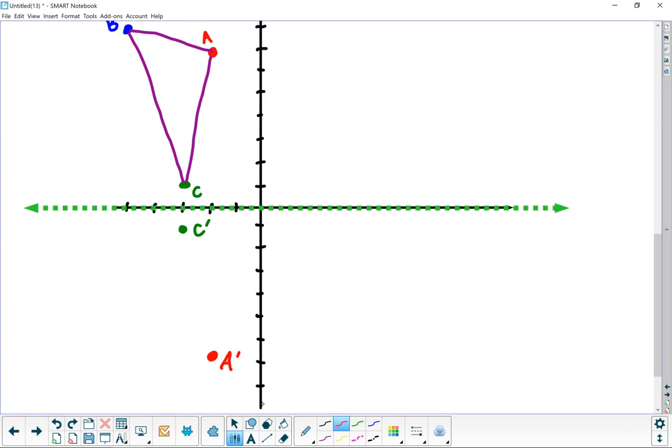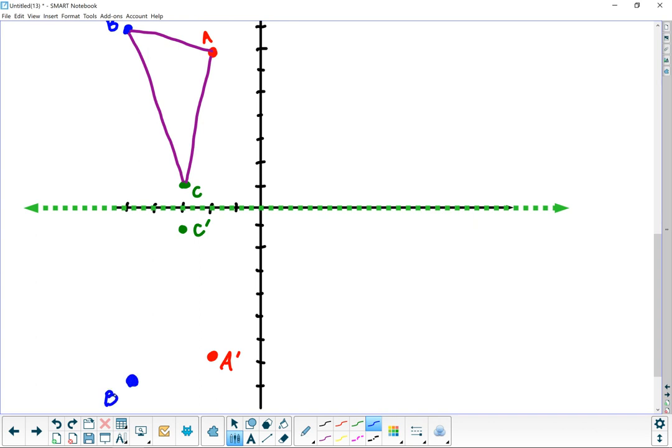That's my A prime. And point B is 8 units up from negative 5. So instead of going up 8, we're going to go down 8. So 1, 2, 3, 4, 5, 6, 7, and 8 would be about right.